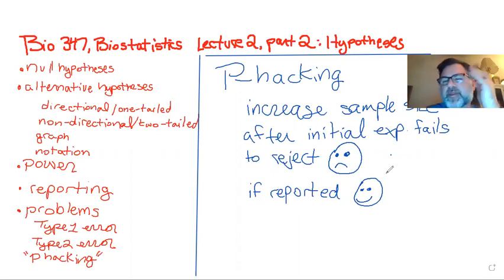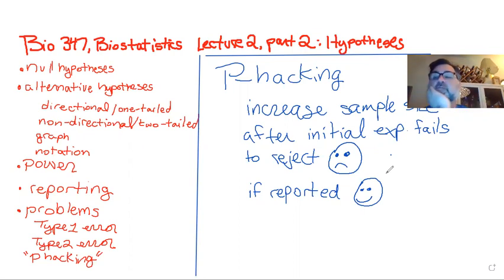You should have ran your experiment with as many mice as you could have to begin with. But if you don't say it, if you say, we ran our experiment with 70 mice and got a significant result, that's unethical p-hacking because you didn't tell the reader that you got a non-significant result with a smaller sample size.